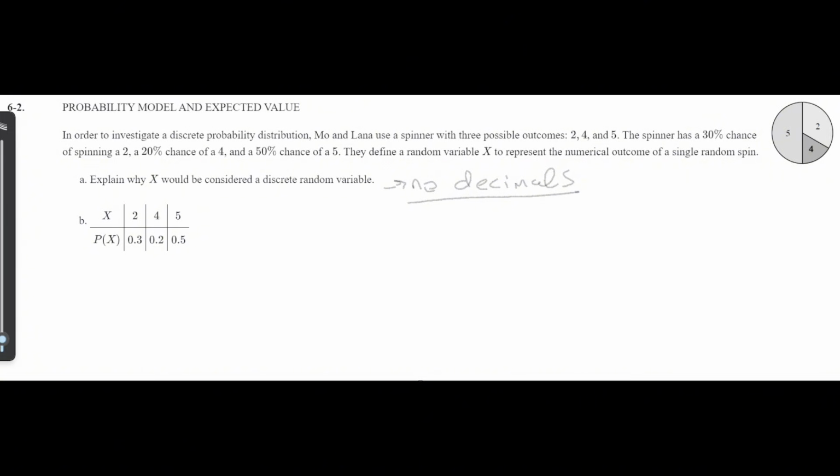Okay, so what we want to do is we want to find the expected value of this spinner, right? So if I spin this, depending on how many points I get depends on the probability of getting each point, okay? So we have to realize that expected value is also the mean of the data. So if it's like, what is the mean of this information? That is the expected value.